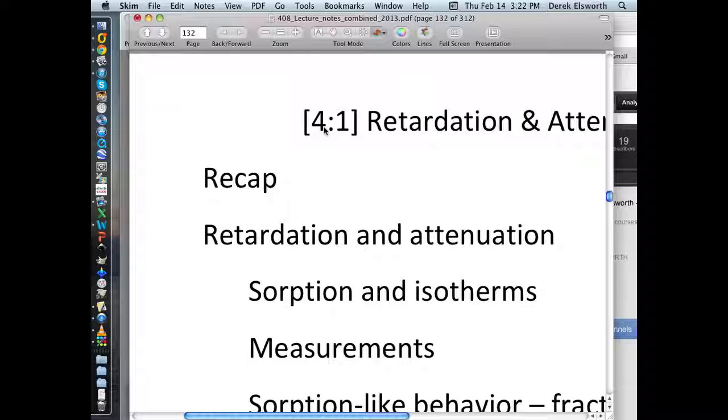So we've talked about contaminant transport. We talked about mechanisms of transport, advection and dispersion. We've talked about 2 mechanisms of mixing, which are mechanical dispersion and Brownian motion, molecular dispersion.